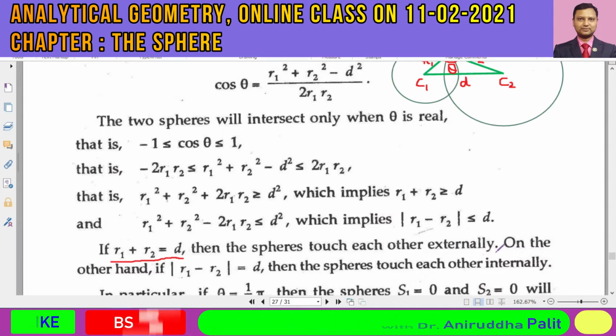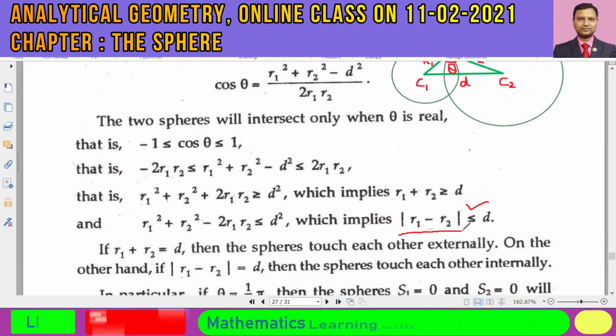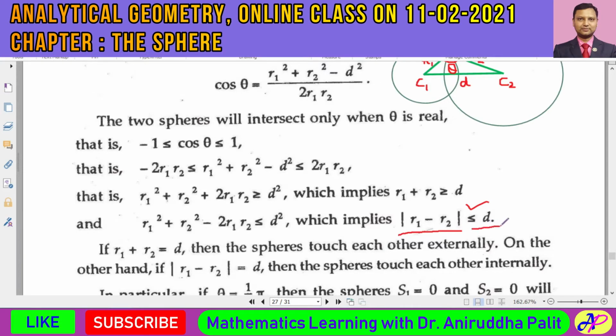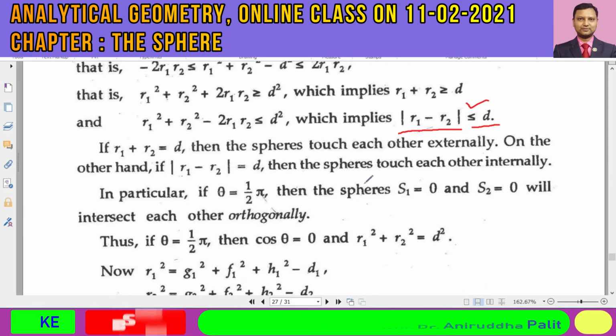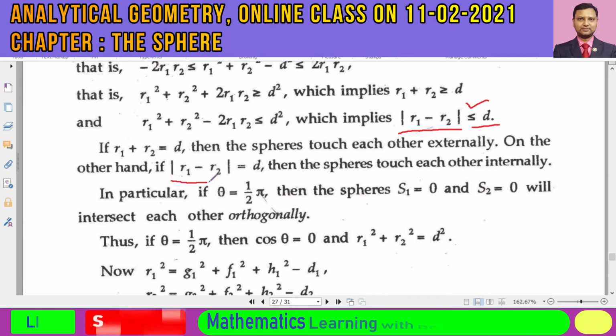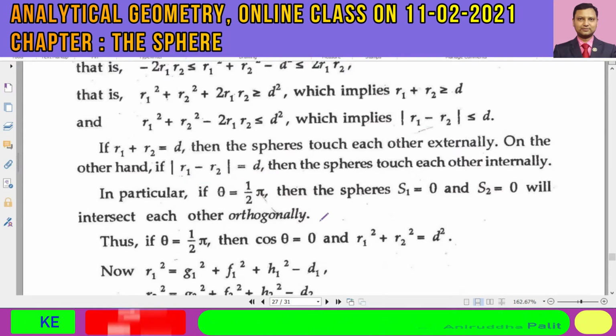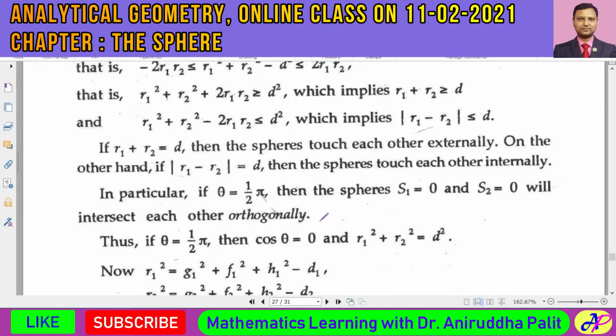And if the modulus of r1 minus r2 becomes equal to d, in that case the spheres touch each other internally. The spheres with radius r1 and r2 would touch each other internally.